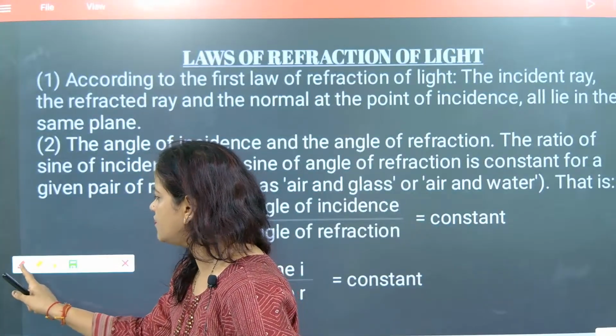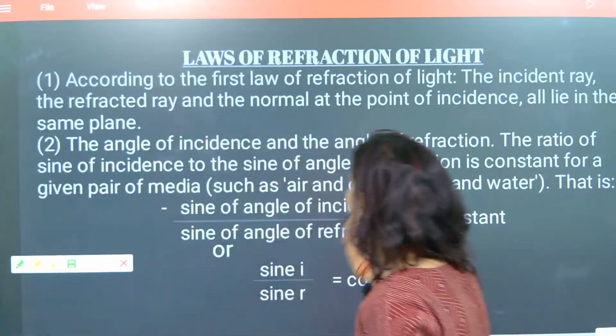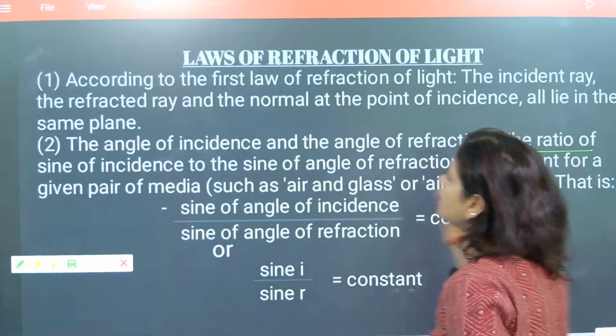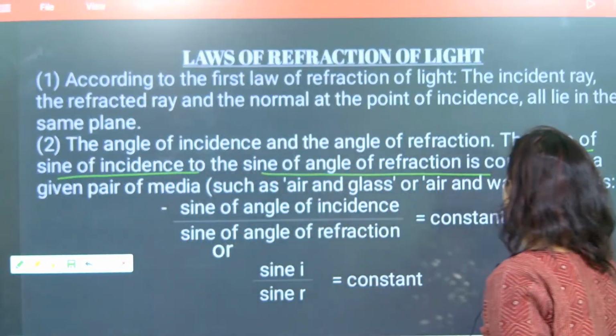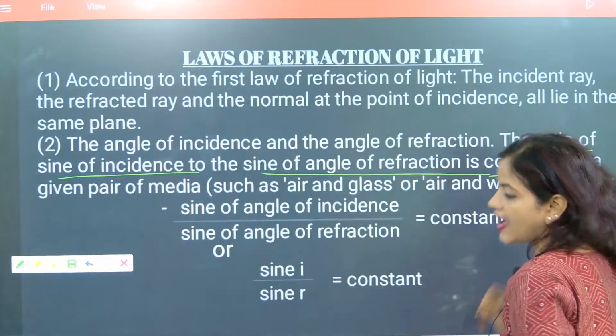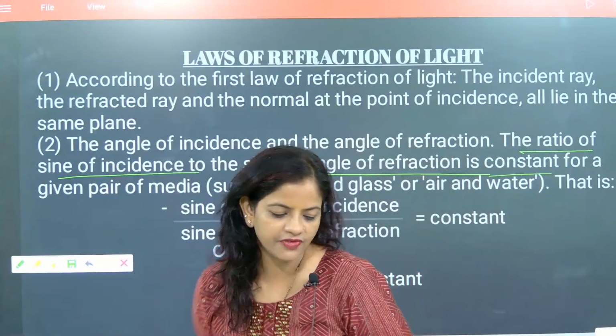Better numericals we will do today. The ratio of the sine of angle of incidence to the sine of angle of refraction is a constant, and this is exactly called the refractive index.